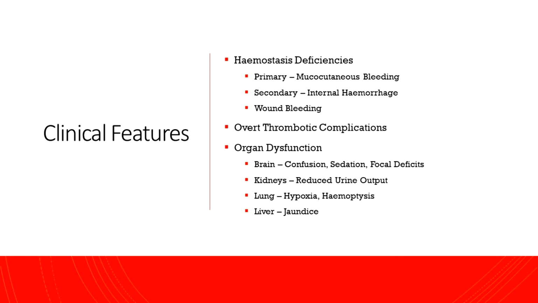And then we can look specifically for dysfunction of key organs that are sensitive to hypoperfusion due to ischemia. So in the brain, microthrombi can present as confusion and sedation, and macrothrombi can present with focal deficits like a stroke. Within the kidneys, we see a decreased urine output occur, and that can be confusing.